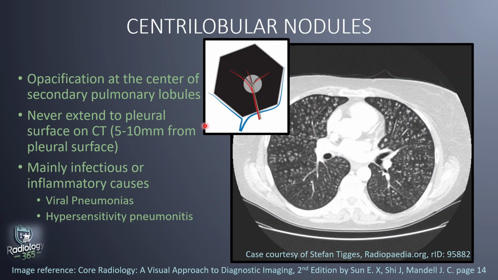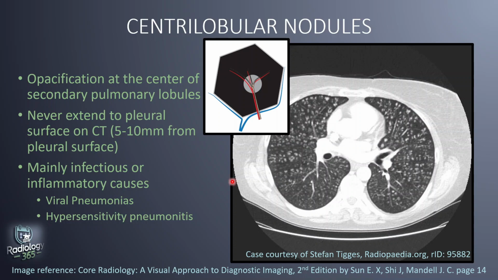When you look at your fissures, centrilobular nodules would also not extend to the fissures. They would always be within 5 to 10 millimeters from the pleural surface or from the fissural surfaces. So mainly infectious or inflammatory causes can cause centrilobular nodules. When you see them, think viral pneumonias or hypersensitivity pneumonitis.